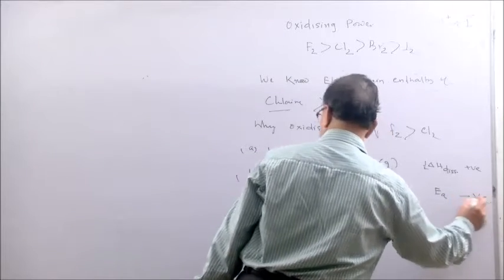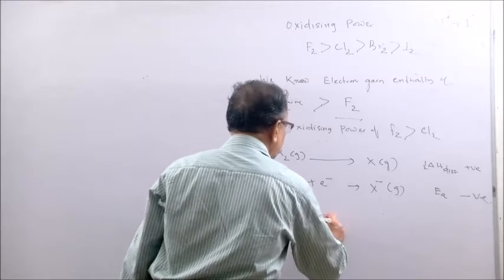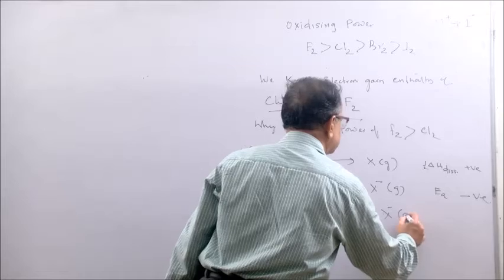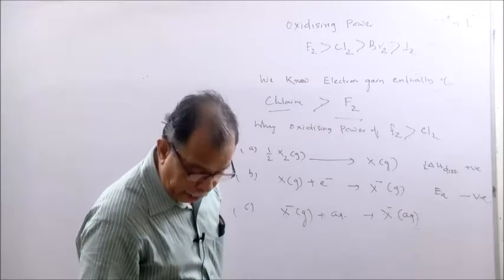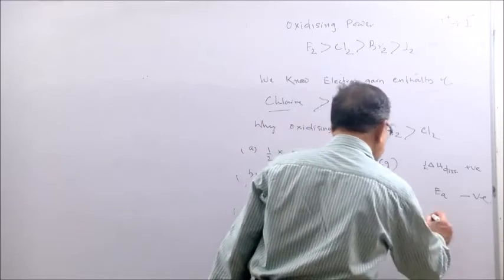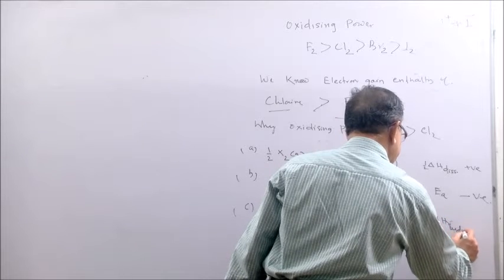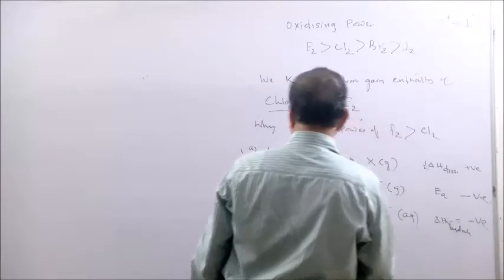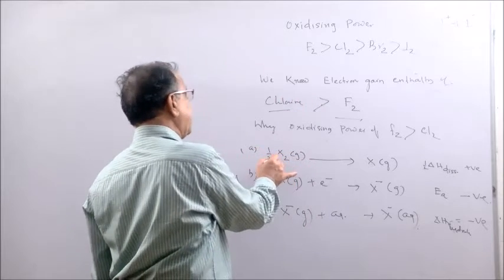Then X minus gas plus aqueous forms X minus aqueous. This is the heat of hydration, del H hydration, which is negative.